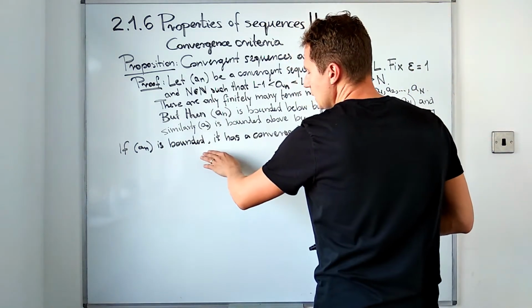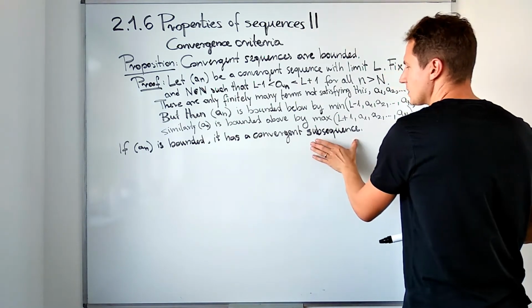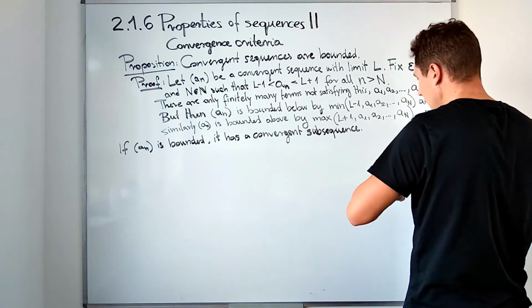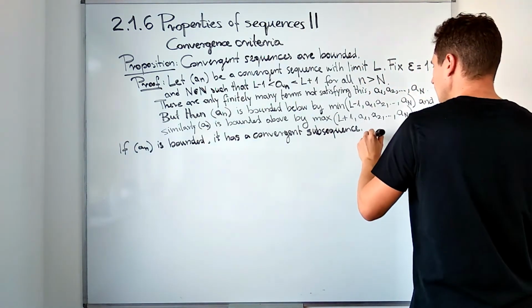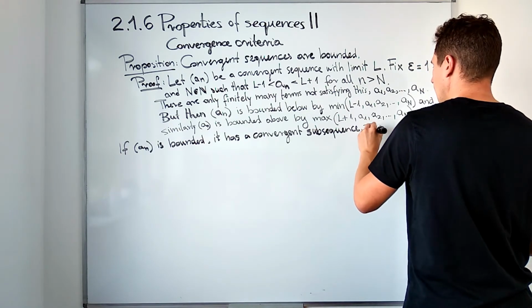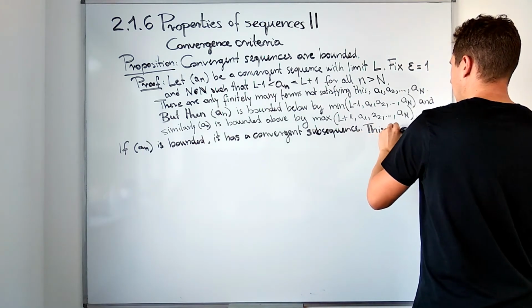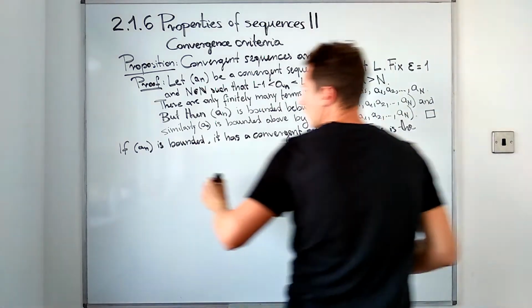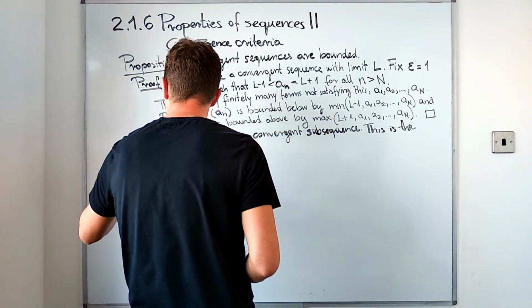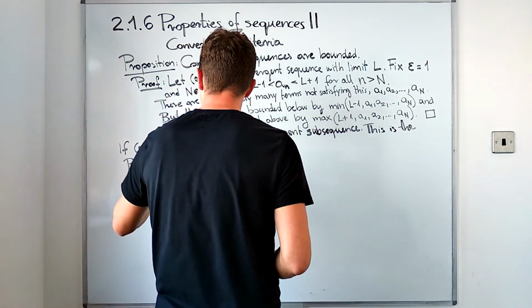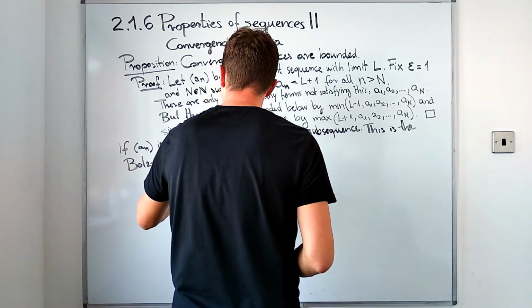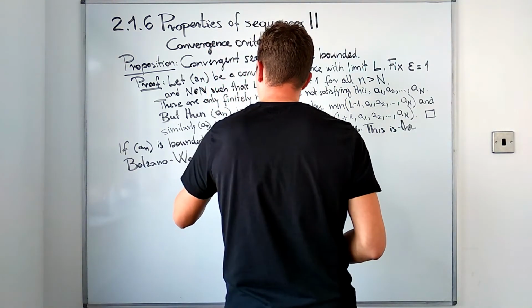So a bounded sequence always has a convergent subsequence in it, and this is not at all a trivial result. This is the so-called Bolzano-Weierstrass theorem.